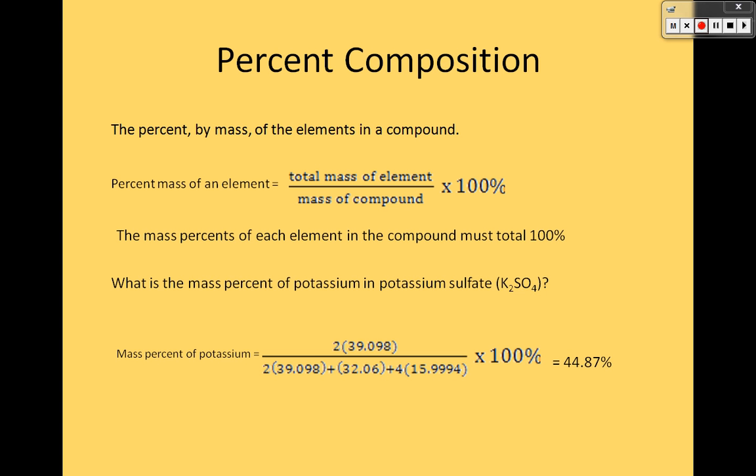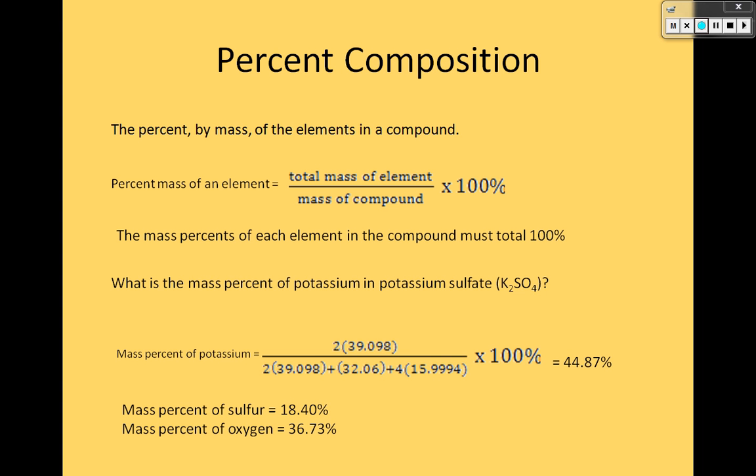But if you didn't get this first one with the potassium, I would recommend going through and calculating it as if you didn't have a shortcut, just to make sure you know how. And you should have found that the mass percent of the sulfur is 18.40%, and the mass percent of the oxygen is 36.73%.